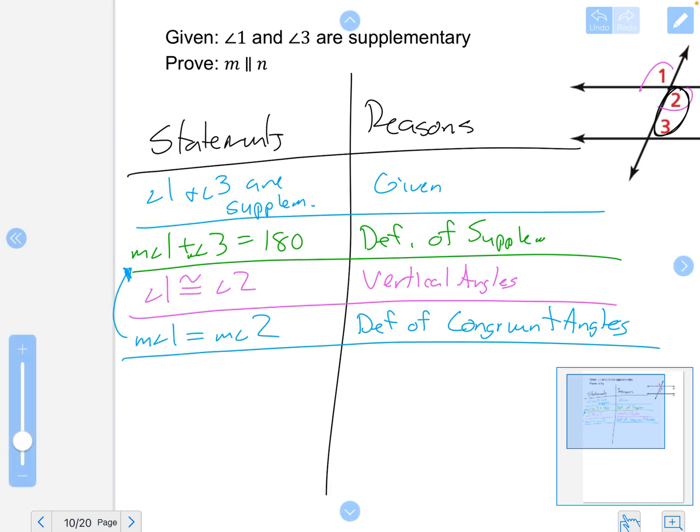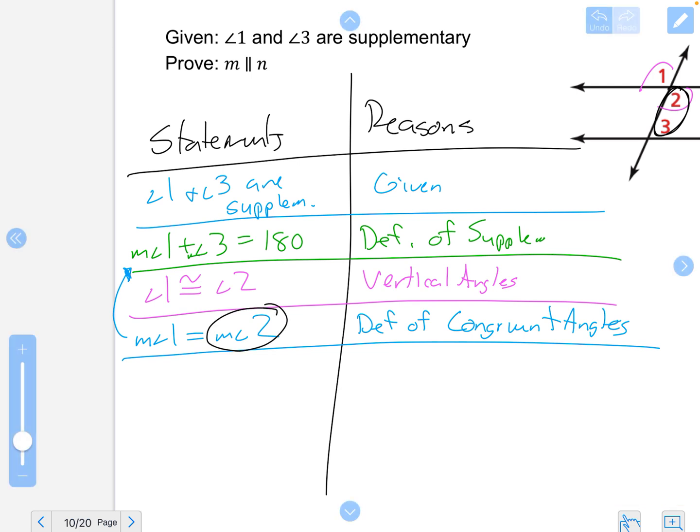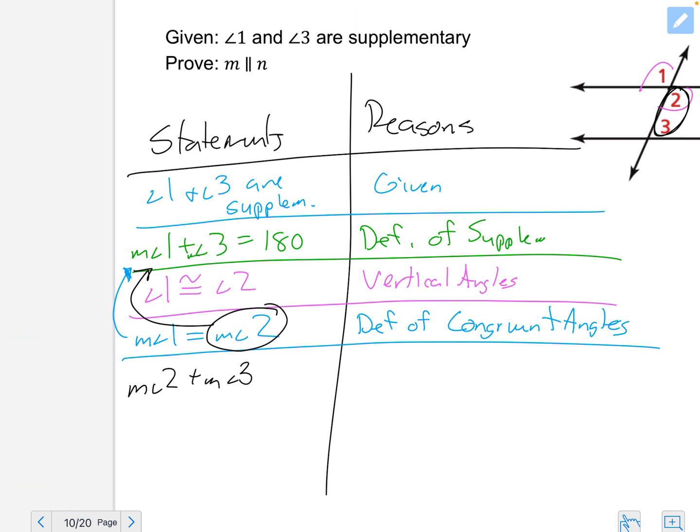I've already got 1 and 3 equal 180. So now I can simply substitute 2 in the spot of angle 1, because I know that 1 and 2 are equal. So the measure of angle 2 plus the measure of angle 3 equals 180 degrees because of substitution.